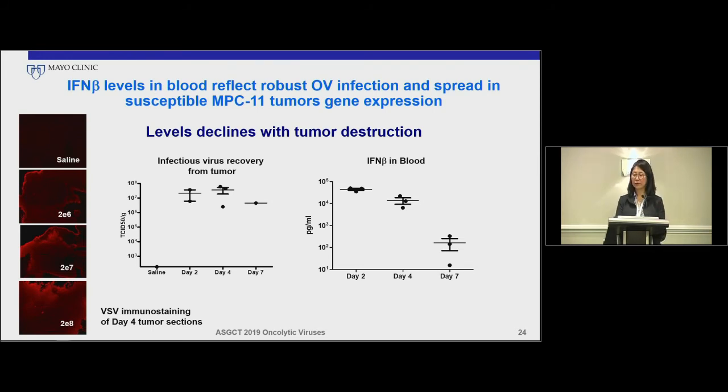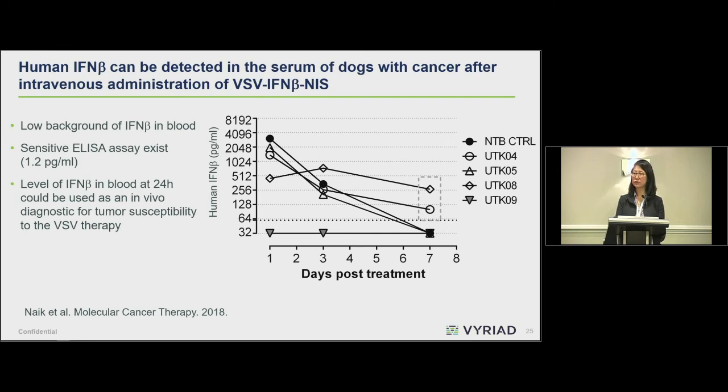and then the virus infection clears away. And this is what it does when we give the VSV interferon virus to canines with spontaneous tumors. This was a collaboration with Amy LeBlanc at the University of Tennessee.